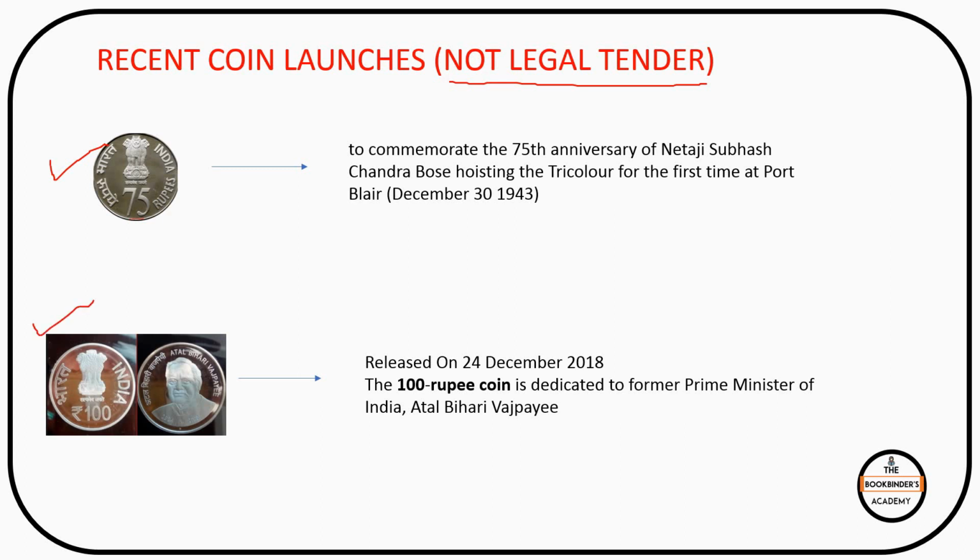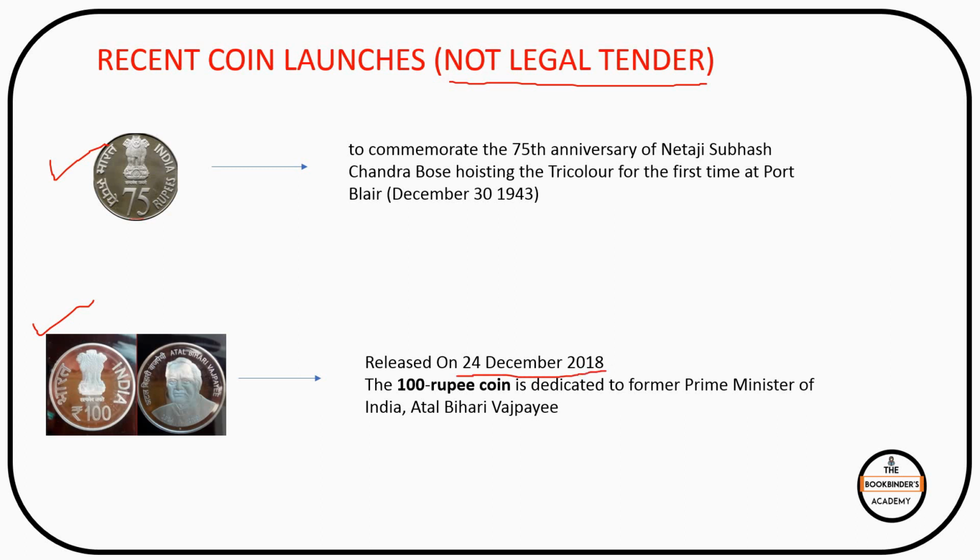The first one is the 75 rupee coin that was launched to commemorate the 75th anniversary of Netaji Subhash Chandra Bose hoisting the tricolour for the first time at Port Blair. So this is the 75 rupee coin. And the next one is the 100 rupee coin that was released on 24th of December 2018.